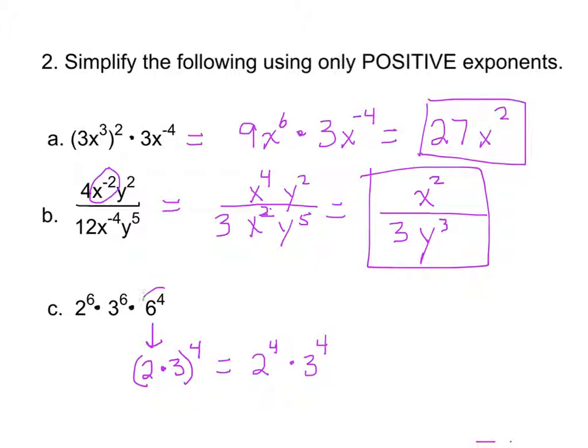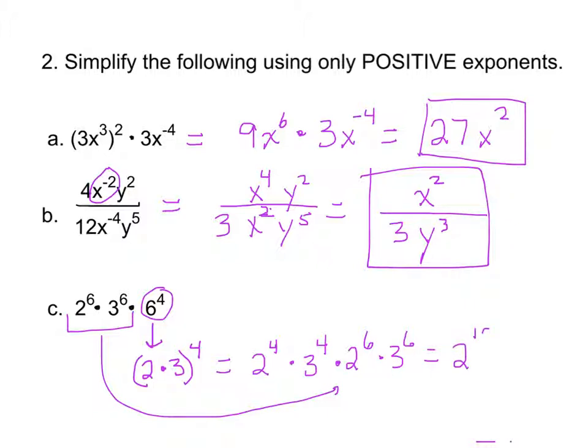That's just this part right here. We can multiply in this stuff. So it'd be times 2 to the 6th times 3 to the 6th. And then you would get 2 to the 10th power and 3 to the 10th power.